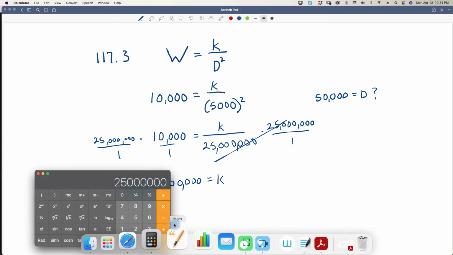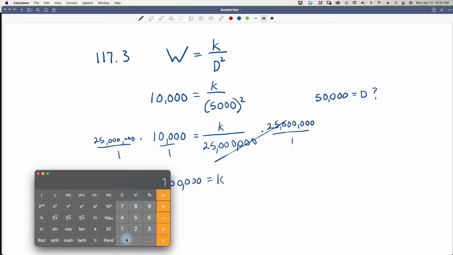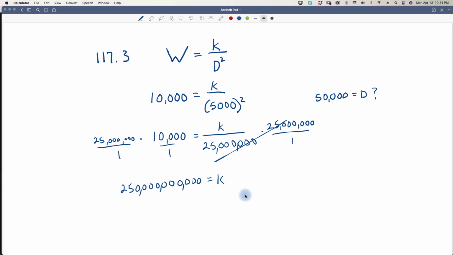So, let me make sure I'm right. Yes, 250 billion. All right. So now let's just rewrite this as scientific notation. You can see how that comes into play here.